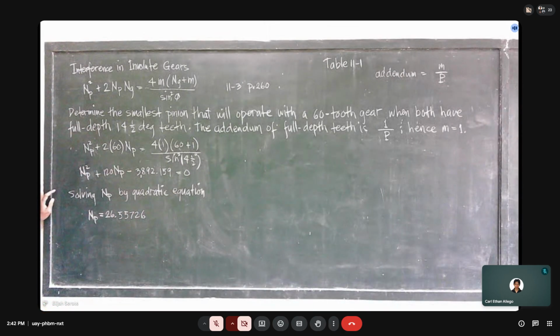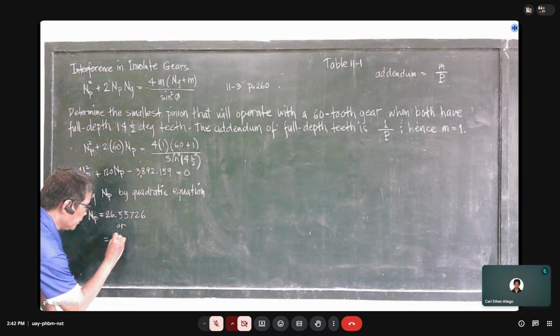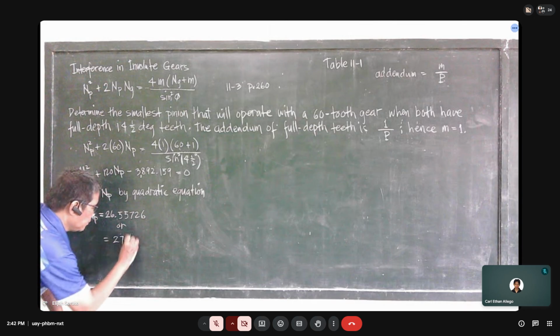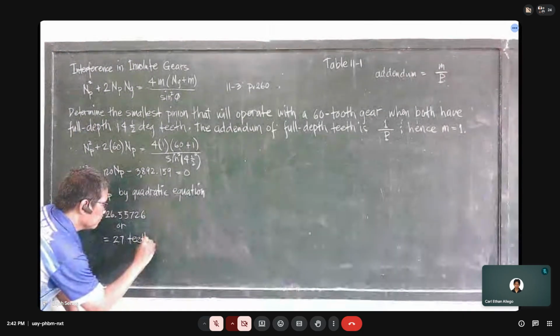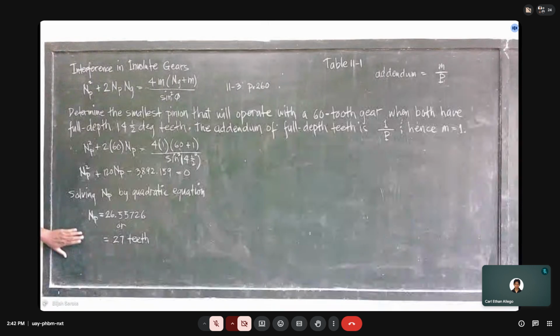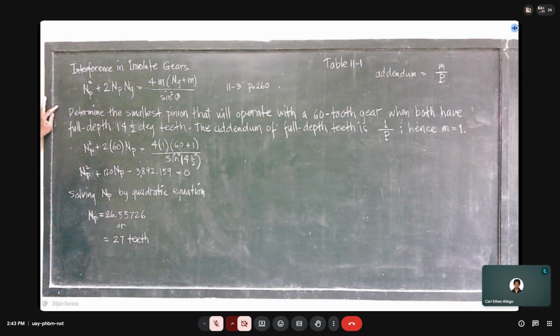So actually, there is no easy value. So it's 26.something, or 27. So the minimum number of teeth of a pinion that will operate with a 62 gear, for a full depth given gear, is 27. If you have 26, you will already have interference.